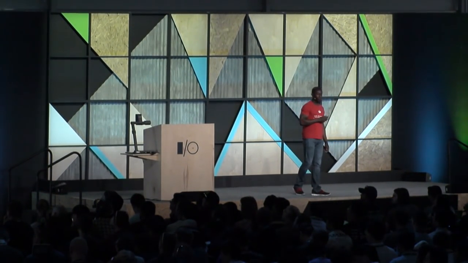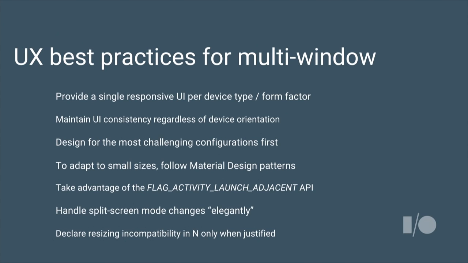So some UX best practices and guidelines for multi-window mode include, you want to provide a single responsive UI for your application so that the user has a consistent experience while using your application on the same device at different sizes. You want to start by designing your app for the most challenging use case so you can uncover architectural problems earlier in the design process. You want to follow the material design pattern so that your app has a consistent look and feel with other apps running on the system.